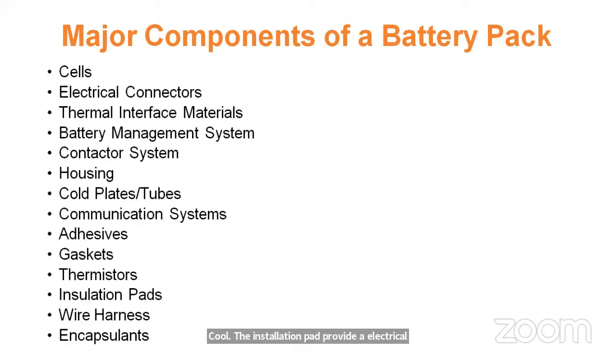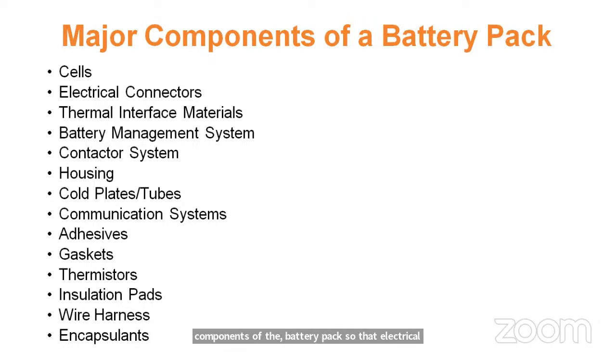Whenever we design a battery pack, we provide electrical insulation all around that, and then we pack it with a housing. So that if by chance anything happens, this should be insulated from other metallic components of the vehicle, other metallic components of the battery pack, so that electrical insulation should be there.